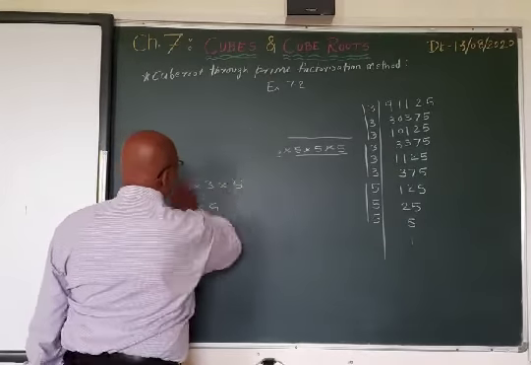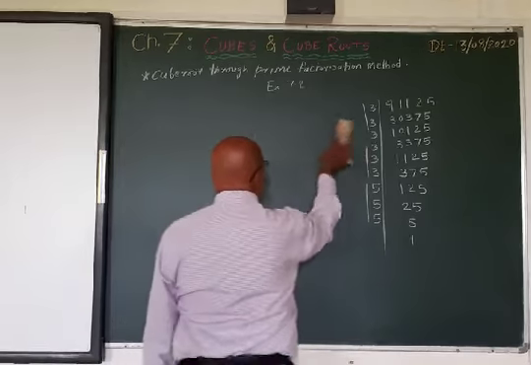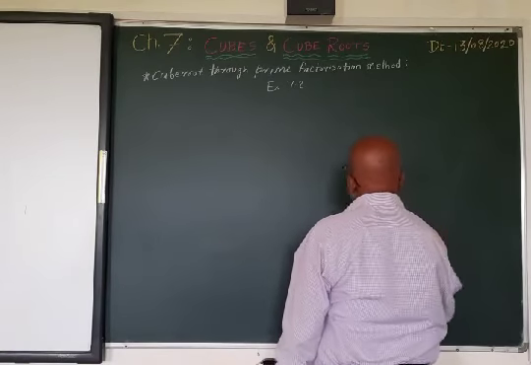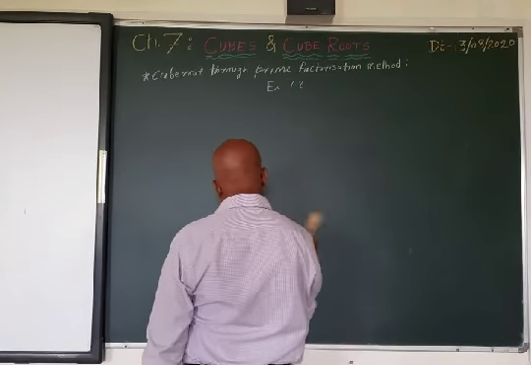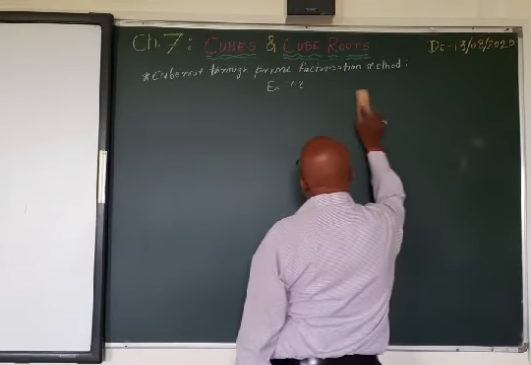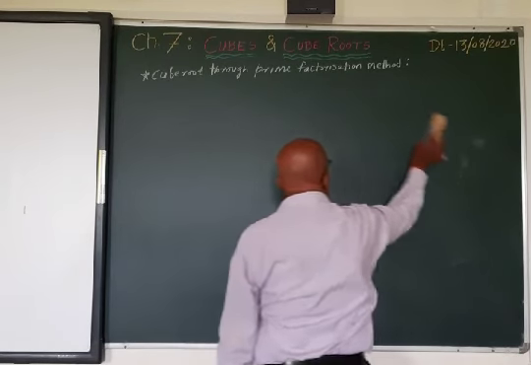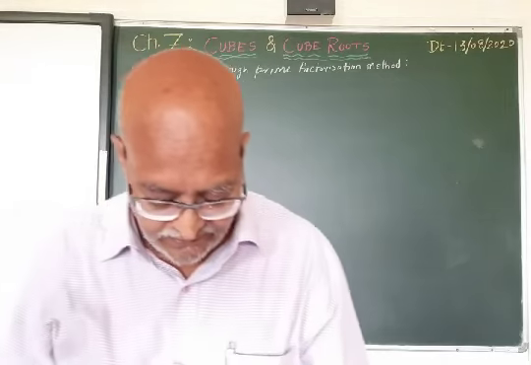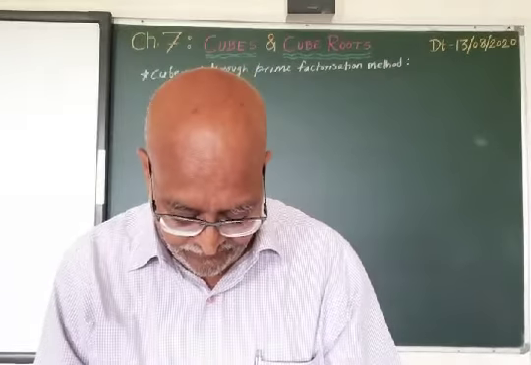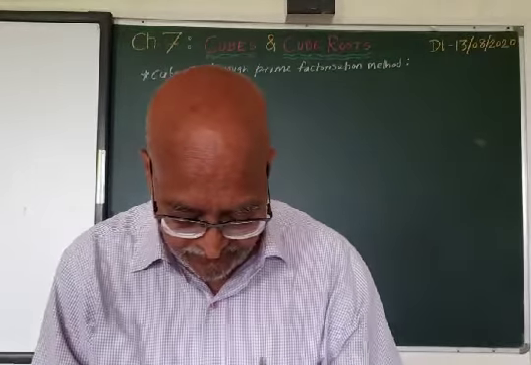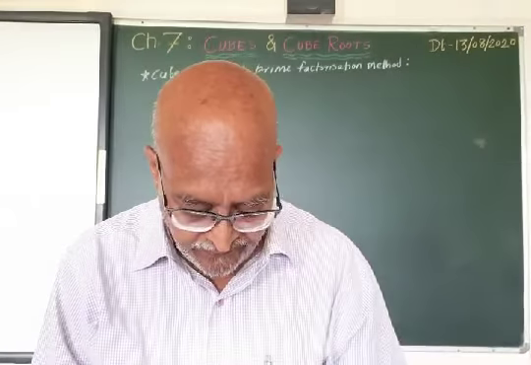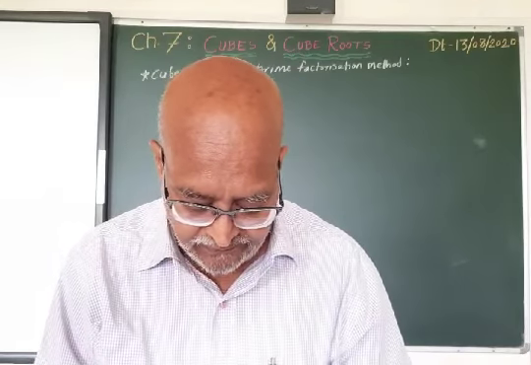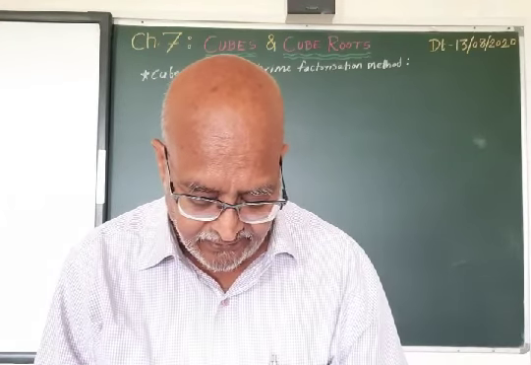We'll discuss that method and we'll take some examples. In the exercise, the last numerical of 7.2 gives that example. Now I will take some other examples because here very few examples are there. The second one in 7.2 is true or false, that you can see in the theory part and you can find out.